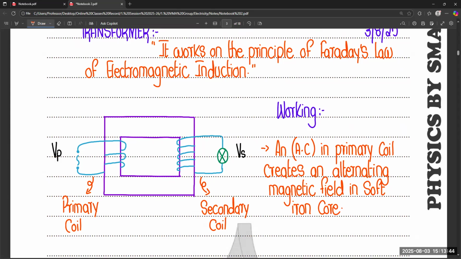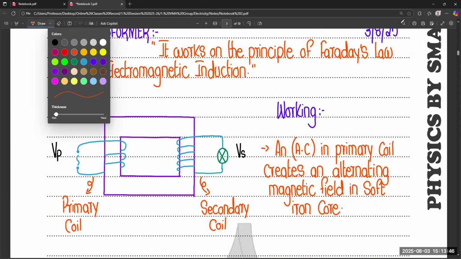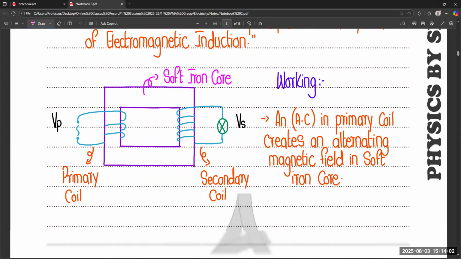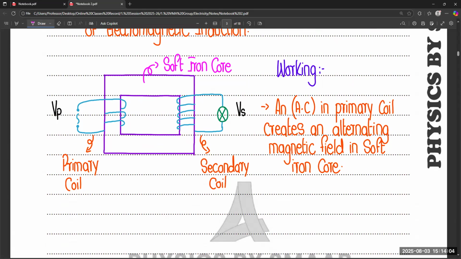So basically the frame we are using for the transformer is made up of a soft iron core. And secondly, these field lines that are generated from the primary coil start to interact with the secondary coil.